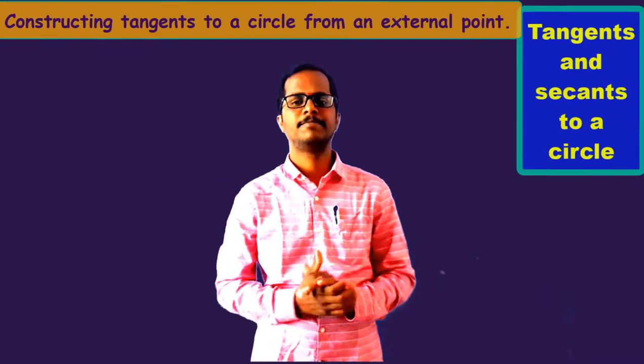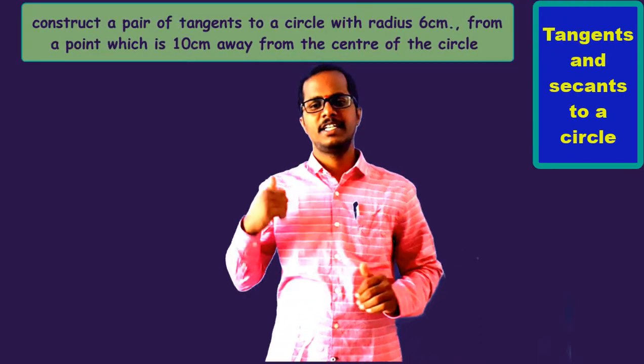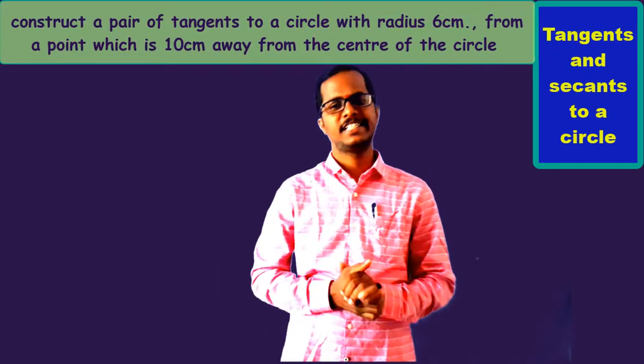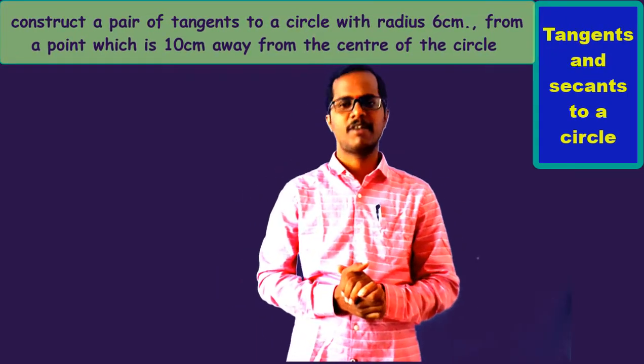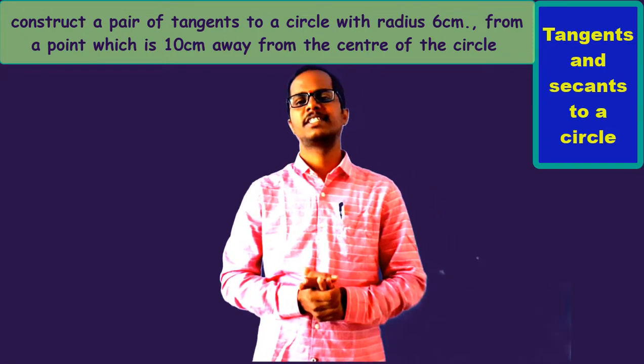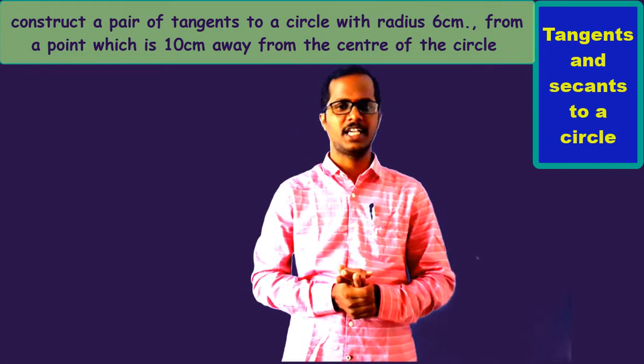It is given as: construct a pair of tangents to a circle with radius 6 centimeters from an external point which is 10 centimeters distance away from the center of the circle.